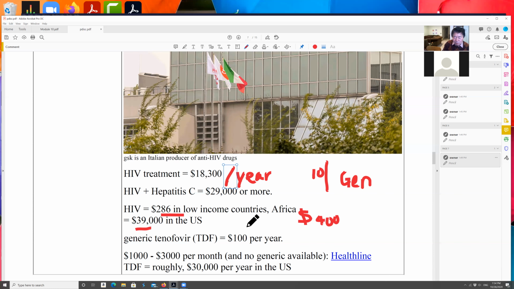We can take a huge profit here. Buy the drugs at $400 in Africa or India, bring them back to the United States for let's say $30,000. American consumers will be happy to buy all your illicit drugs. So this is going to be a problem, okay? Only the illegal organizations like mafia will be making money, not the drug companies.